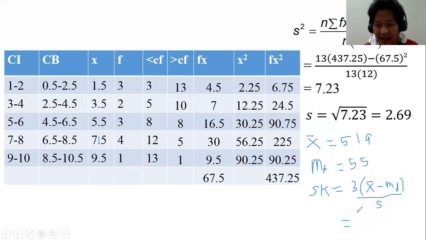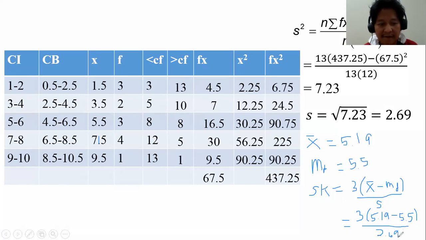So substitute na lang natin. So 3 times the mean, which is 5.19, and minus the median, which is 5.5. So notice, mas malaki yung ating median dito. So expect natin na negative yung kakalabasan. So negative yung ating skewness. And then the S is 2.69.